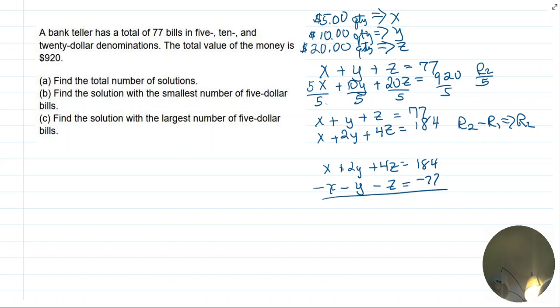All right, 0, and this is going to be y plus 3z equals 107. So I state that y is 107 minus 3z. Of course, we've done this a while, so we know that's an identity. This is also one of the solutions in terms of z.